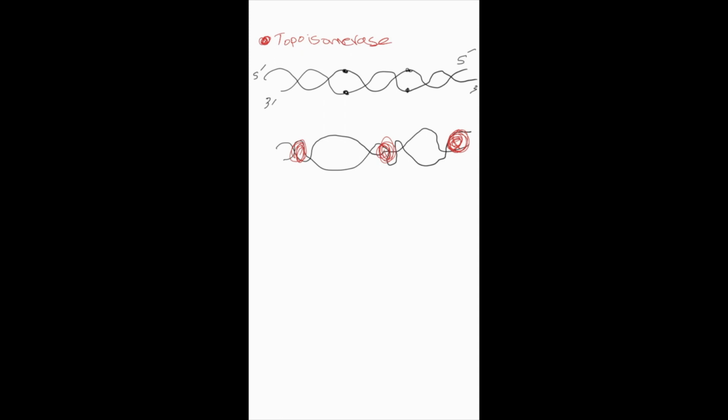Okay, so then how does this DNA open up in the first place? Well, it opens up using another enzyme called helicase. So it comes in and it opens up the DNA molecule.